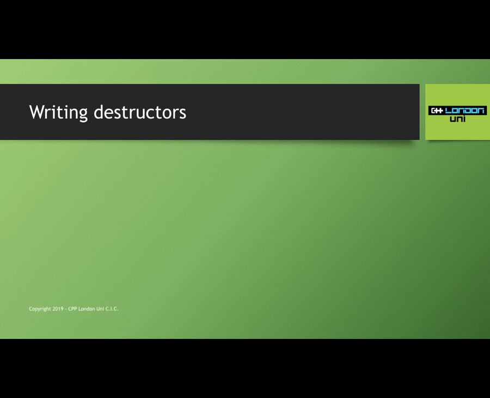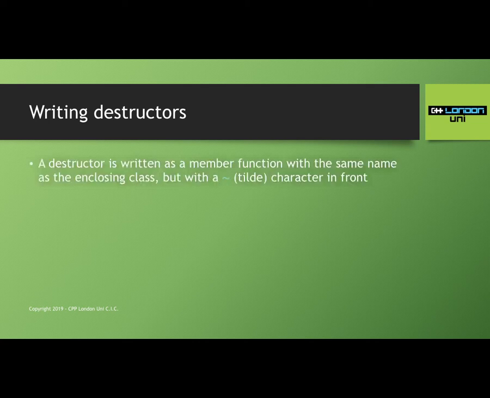Something we've been doing for quite a few sessions now. And a destructor is the same, except the class name is preceded by this tilde character. You can think of it as meaning not. And like constructors, destructors don't have a return type.